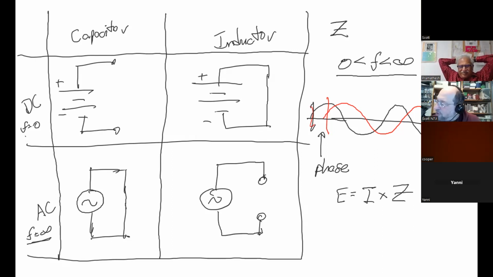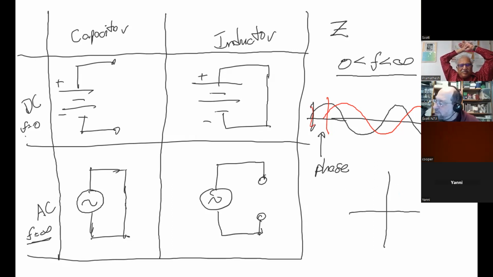So the easiest way to draw this is we're going to make our circle again. And this is our 0 degrees. Resistance always lies on that axis.